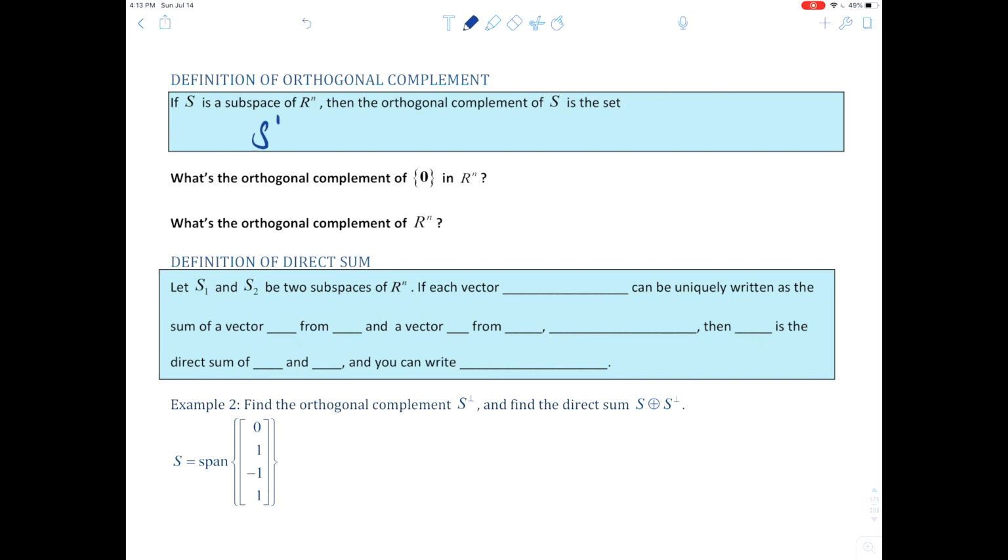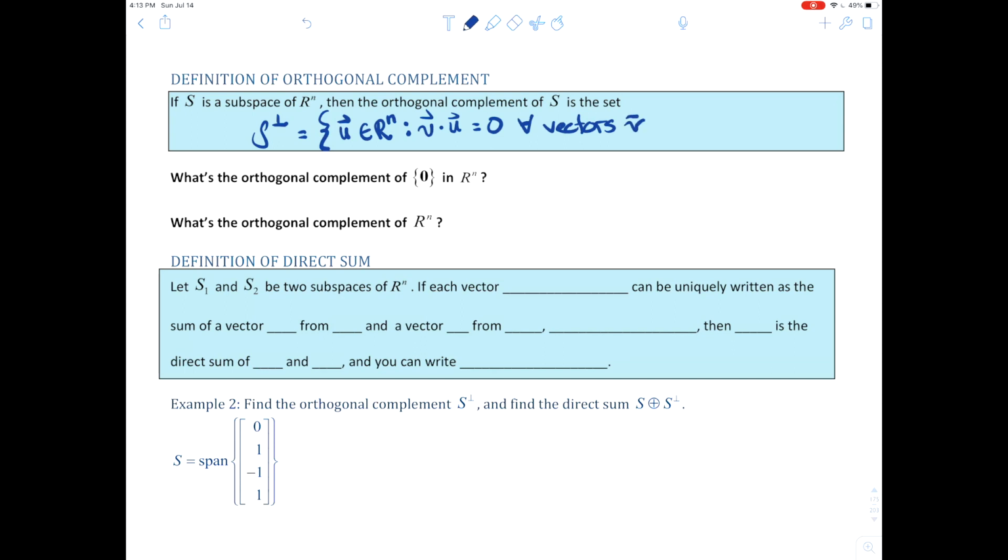This is the notation for orthogonal complement, kind of an upside down T, is equal to the vector U, which belongs to Rn, such that V dot U is equal to 0 for all vectors V that belong to the space S.